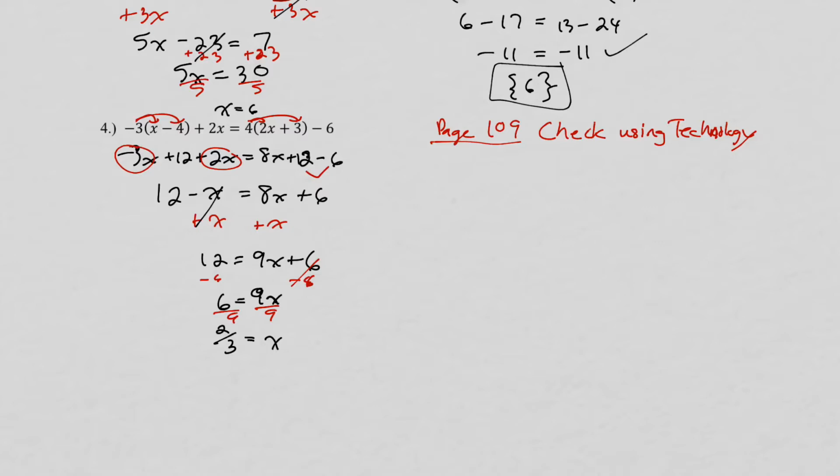And we're going to go ahead, and it says you can use numeric and graphic connections. The numeric takes a little while, but basically the concept is that each side of this original equation, we're going to treat as a separate equation.